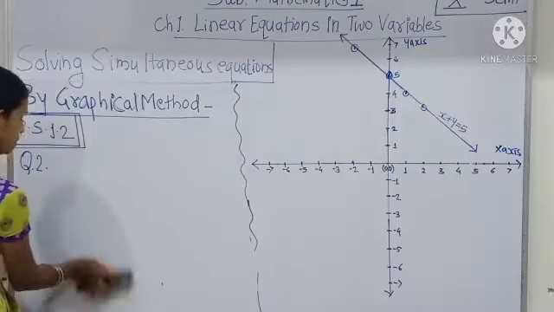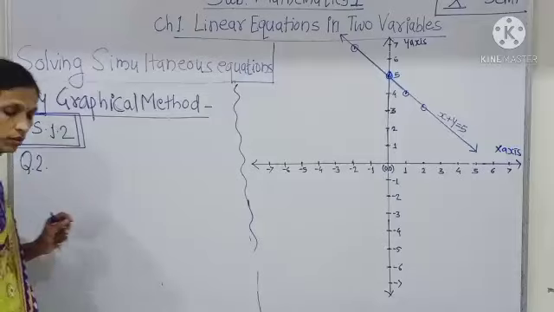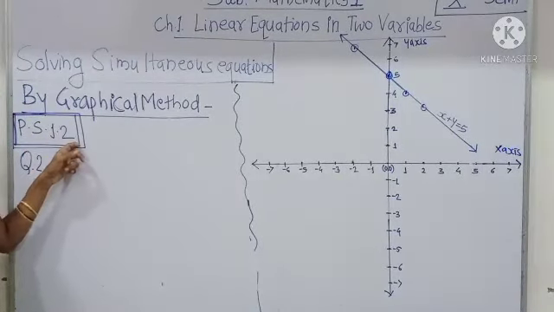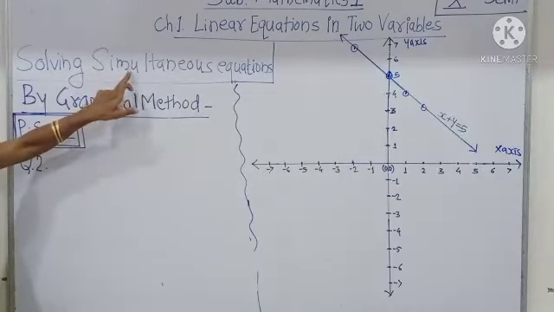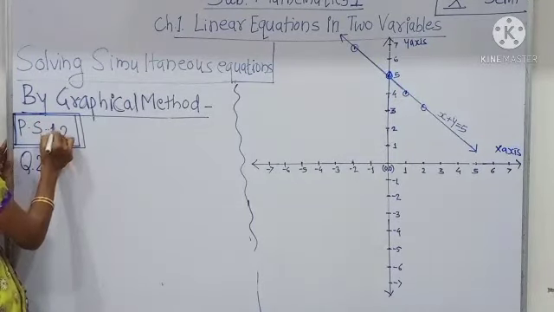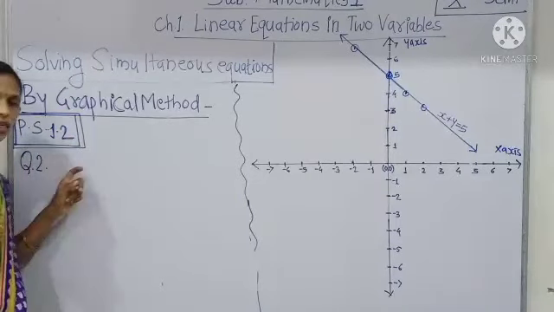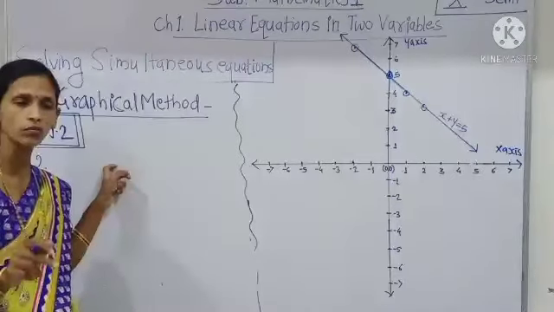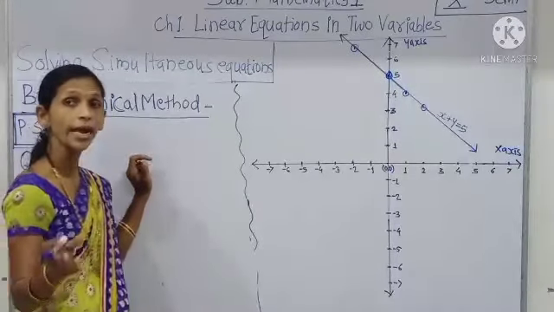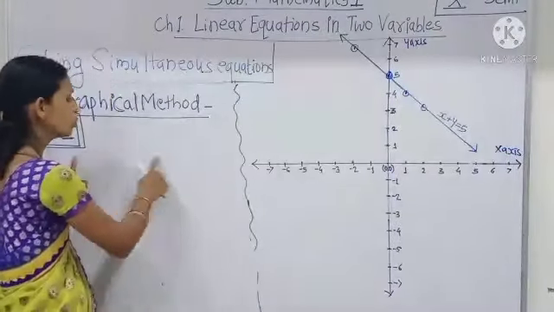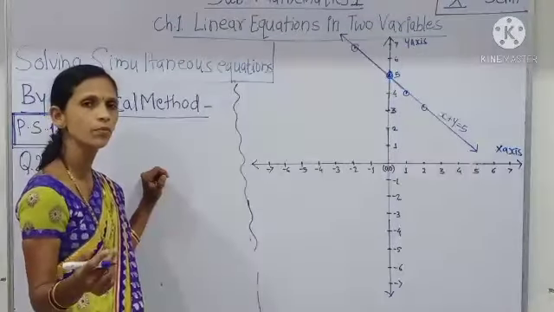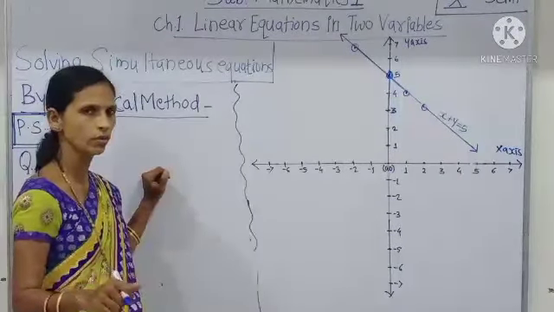Then we will solve a few examples of simultaneous equations from practice set 1.2. See here, in question number 1 of practice set 1.2, an activity is given to complete the table to get the ordered pairs of a linear equation in 2 variables.